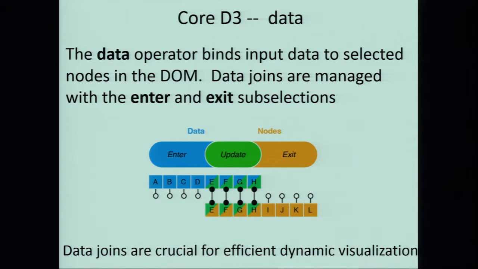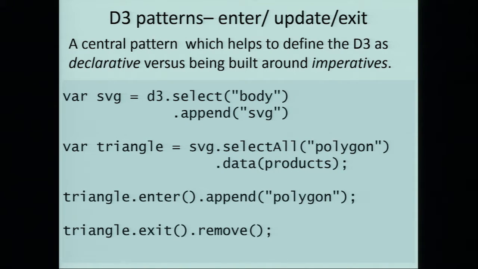And then finally, you have a select all with an exit. Anything that wasn't included in that select all is now dropped from the total collection. So this allows you to add things to your graphic, modify them, and then remove any nodes that are no longer relevant. This is pretty obscure the first time you see it, but it starts to make sense. And it really is of the essence for D3 programming, and it's crucial for dynamic visualizations.